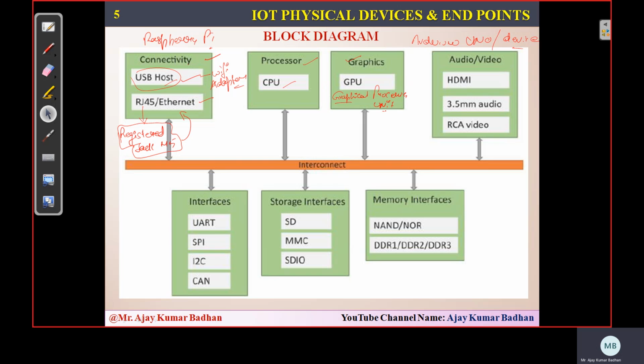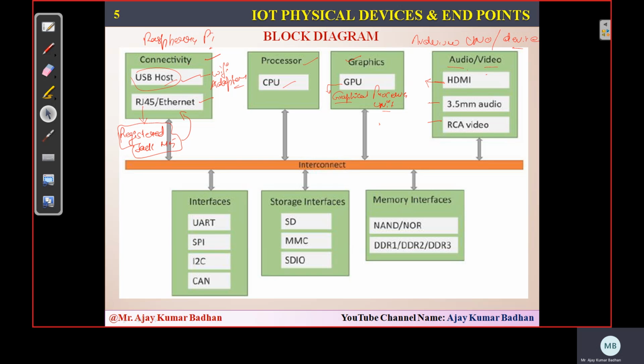This unit is mainly used for images and other activities. And similarly, if you want to connect your Raspberry Pi for audio and video related information, we have some different components related to this.